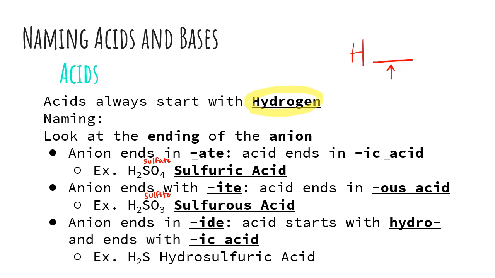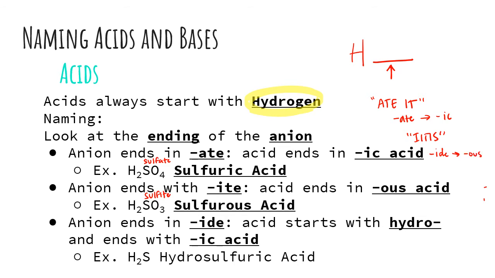Now the way I like to remember those two different ending changes is I remember "I ate it," and that kind of sounds like changing ate to ic. And then we've all heard someone say, "I got the itis," like bronchitis, "I got the itis." So that helps me to remember that I change ite to ous. That's just how I remember it.